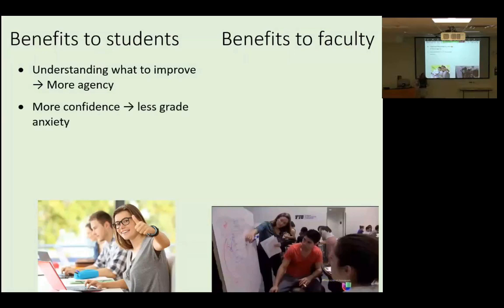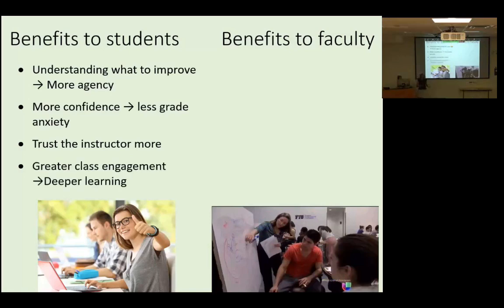And that will give them more confidence that they can do those things because now they know what to do. So that will reduce their grade anxiety. And that also will make them trust the instructor more because now they know things are very clear and that the instructor is on their side. So all these lead to greater engagement and deeper learning.